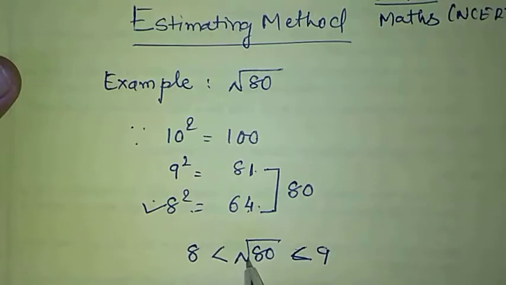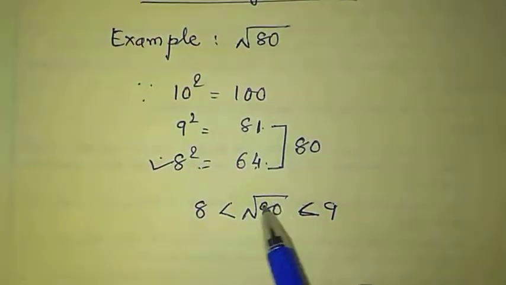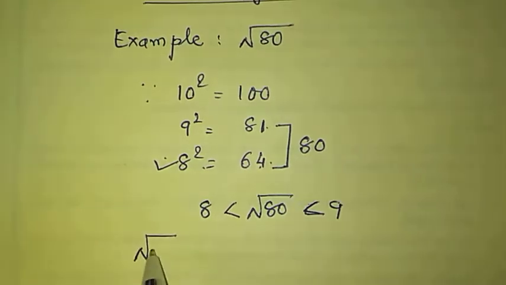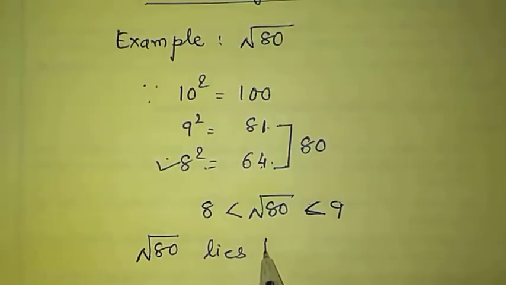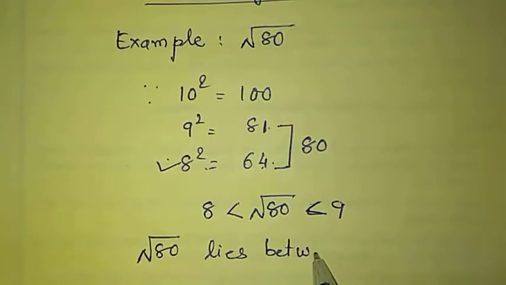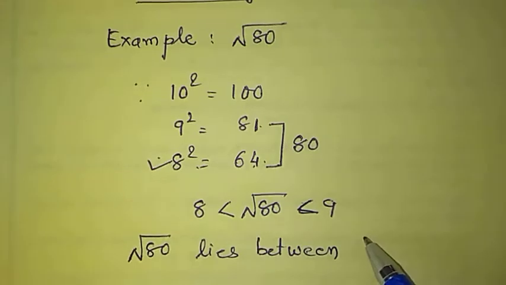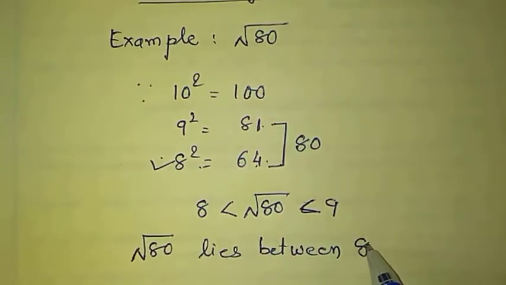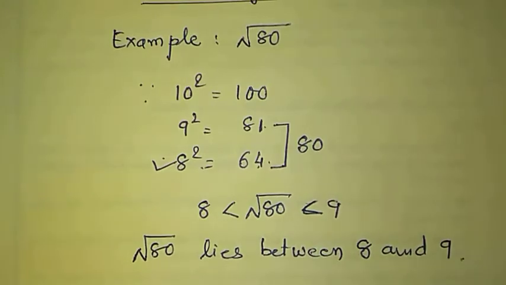So with the estimating method, we find that the square root of 80 lies between 8 and 9. Clear?